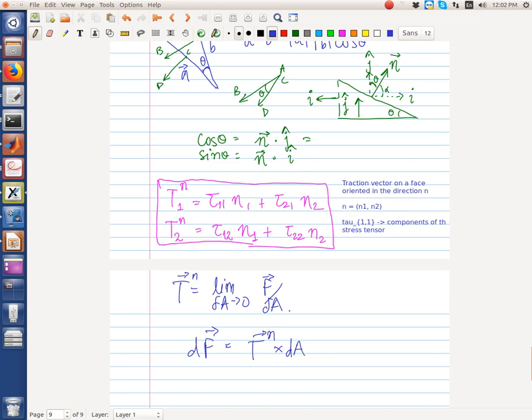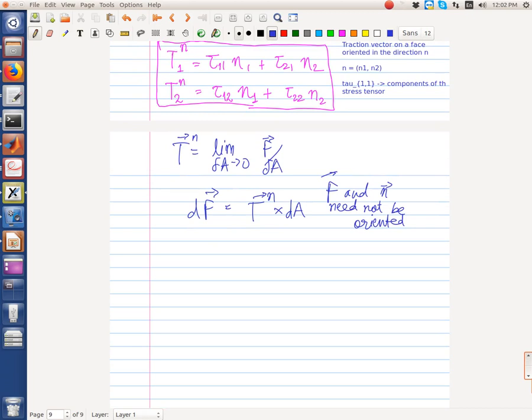Okay, so you just multiply this by the area to find the force. So this is the force acting on a face oriented along n, having the state of stress tau 11, tau 21, tau 12 and tau 22. Note that F and n need not be aligned. They can have any random orientation as well.